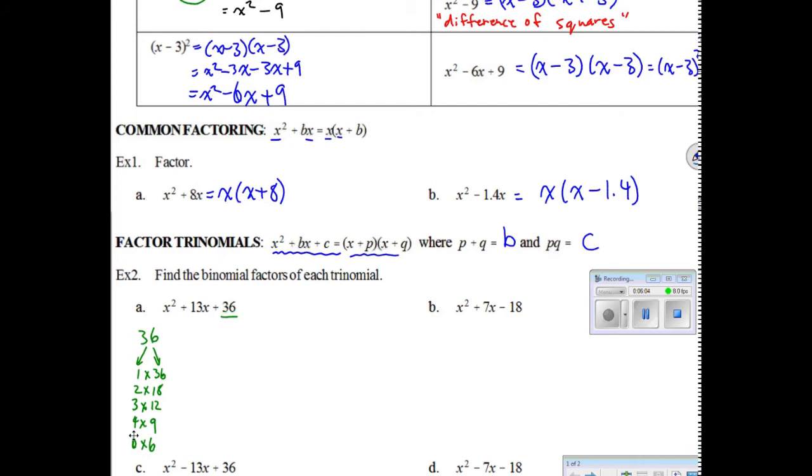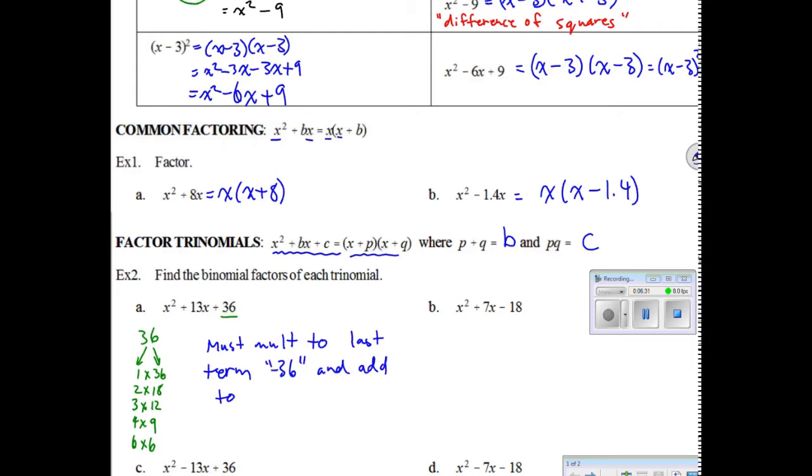So all of those are possible ways. Now, here's the cool part. They have to multiply to 36, which is just the last number of our equation, but they must add to 13.